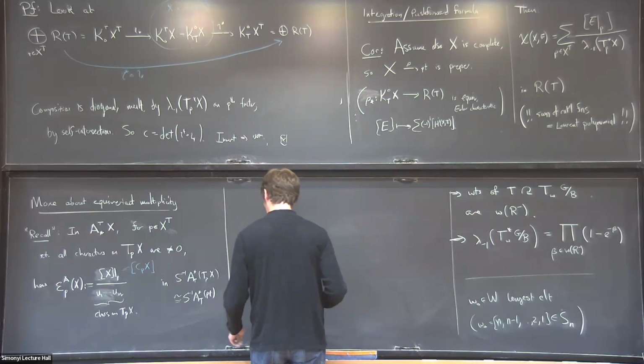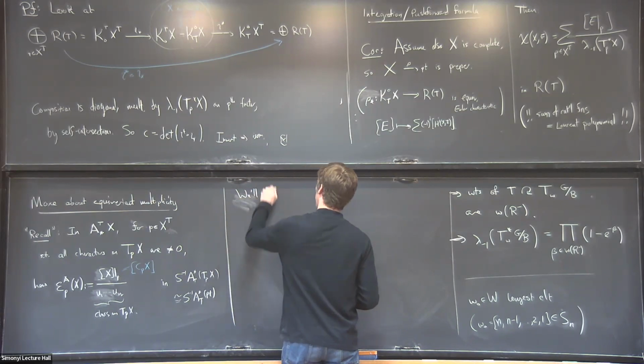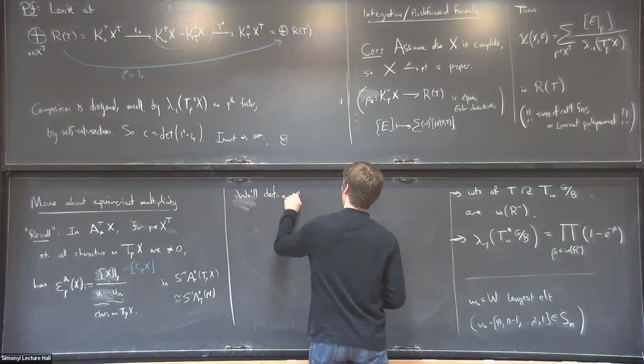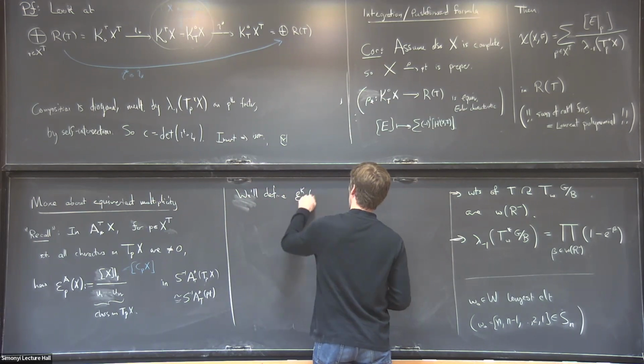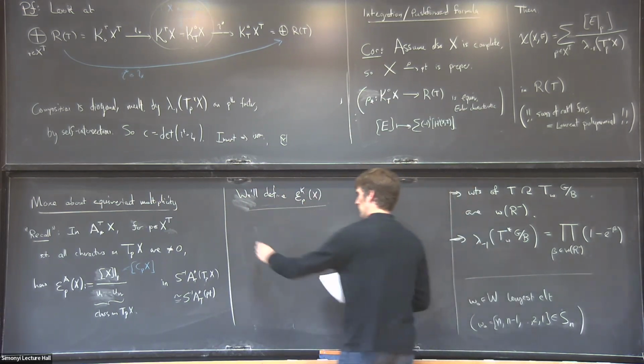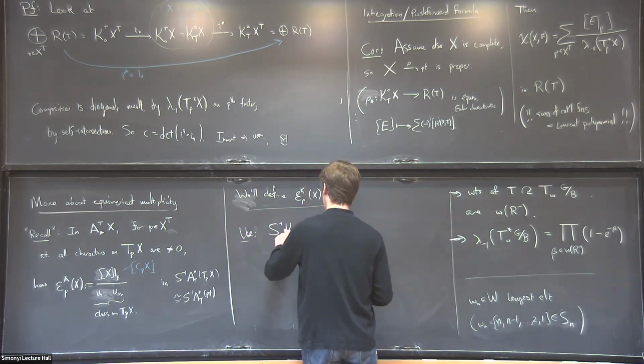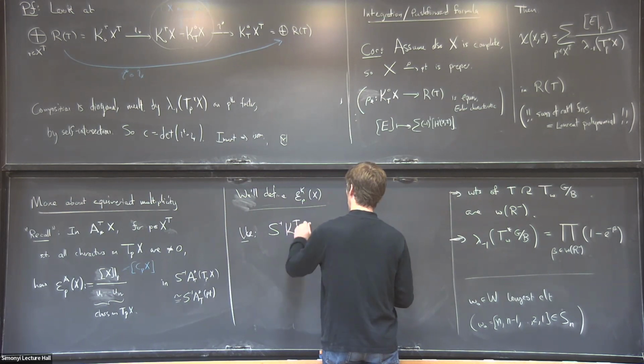There's another way to characterize these, and that's what I write down. So we'll define K-theory equivariant multiplicities. So at the end, we're going to use this main localization theorem.